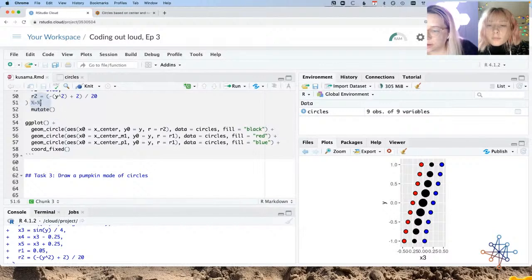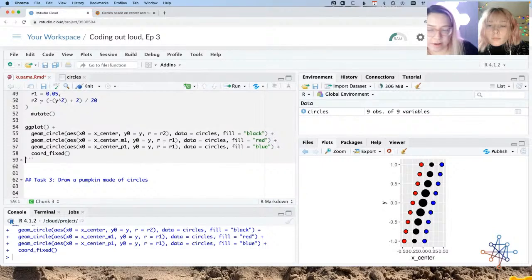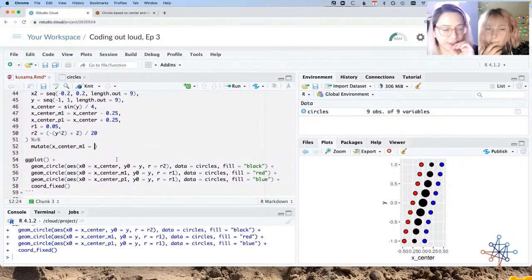So let's make sure I didn't. Okay, so now we can mutate things. We're saying that we want to mutate the x coordinate of center minus 1. And how do we determine how we mutate it?